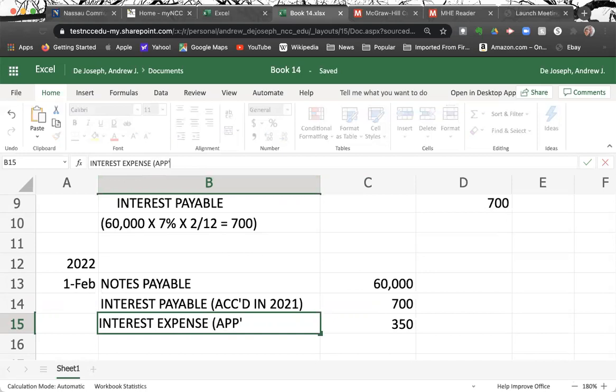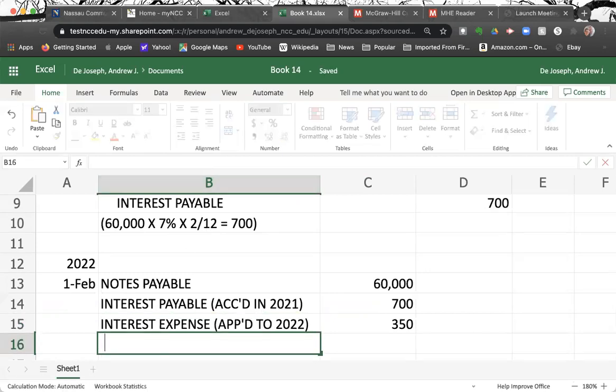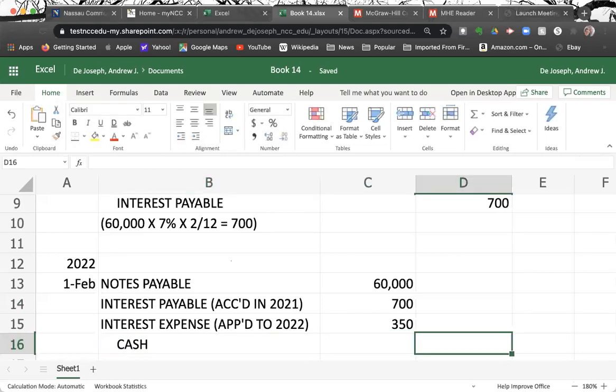Applied to 2022, right? And now we're going to credit cash for the whole thing.